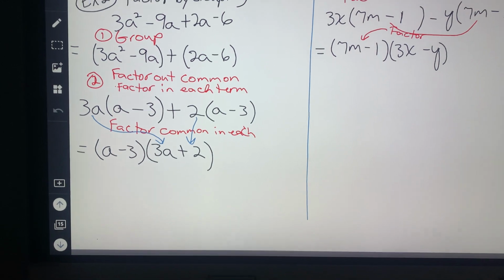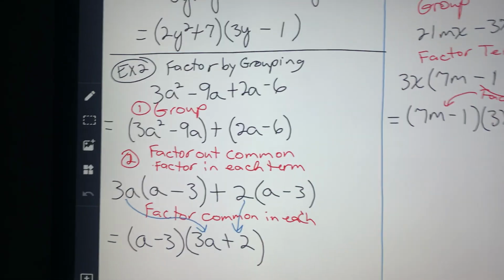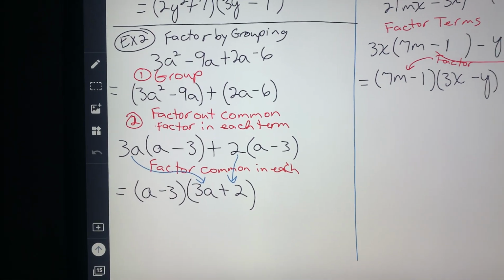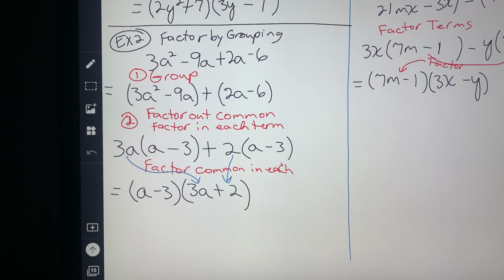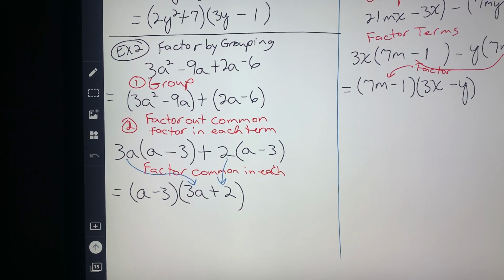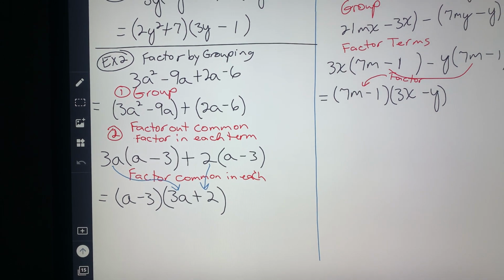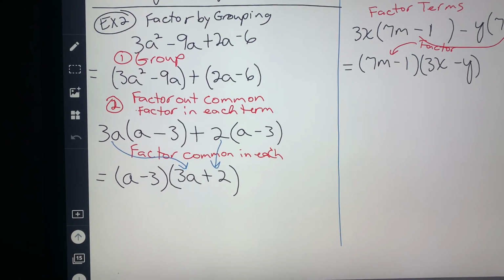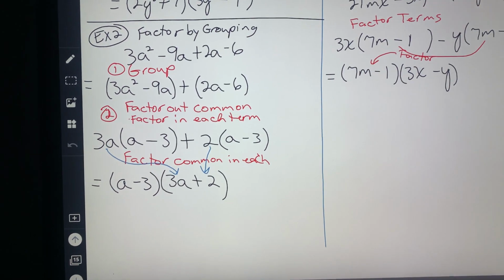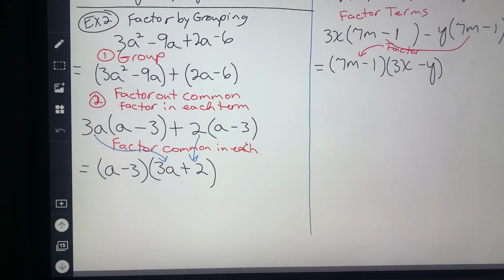So we do that same thing to that second term. 2 will divide evenly into itself, and it will divide evenly into 6. So we can factor that out. 2 goes into itself 1 time, 2 goes into 6 3 times.